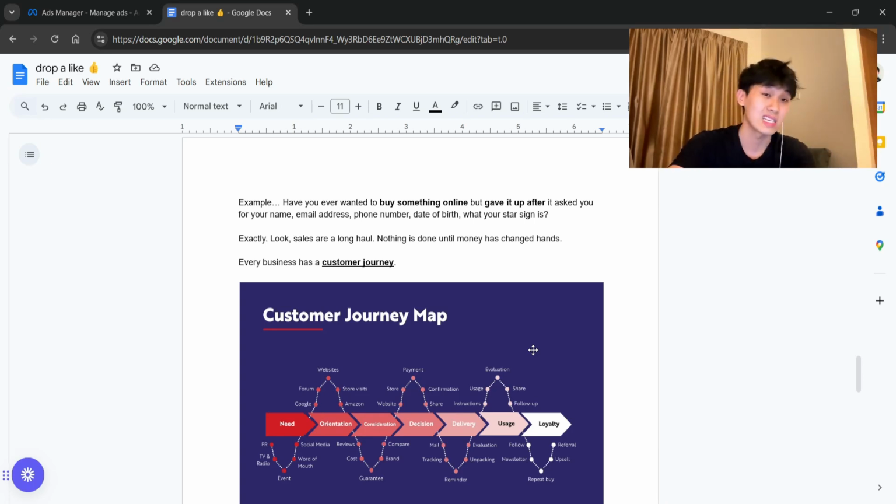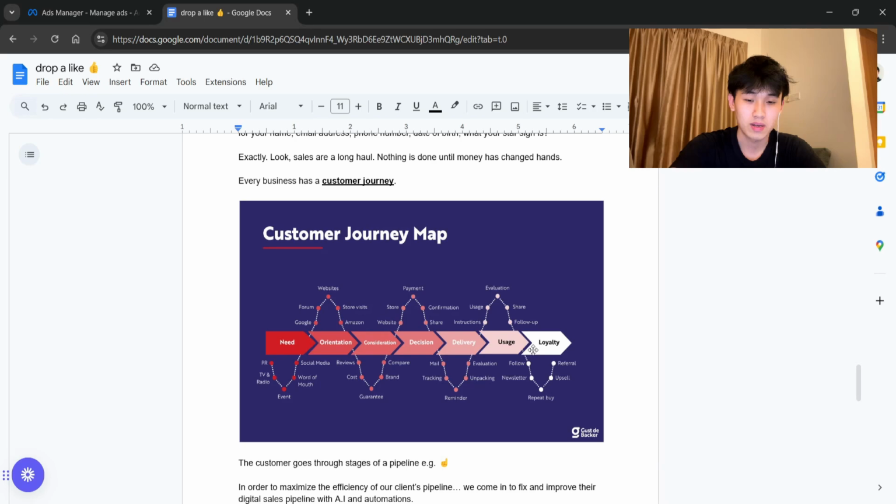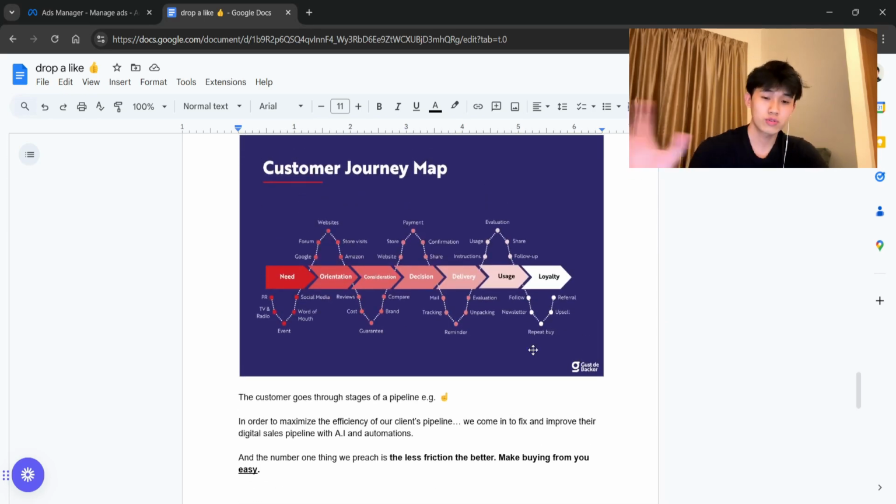And every business has a customer journey map. The customer goes through stages of a pipeline. When you run ads, you can't just run one type of ad and target every single audience that you want to target. What you want to do is run different types of ads for different types of people.